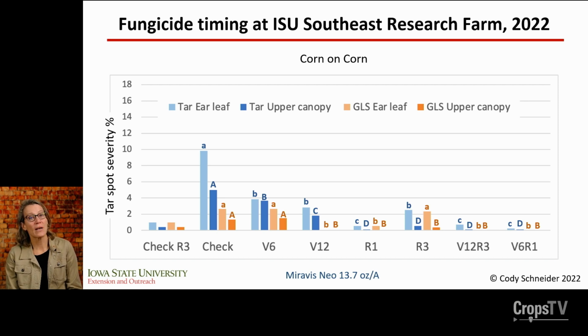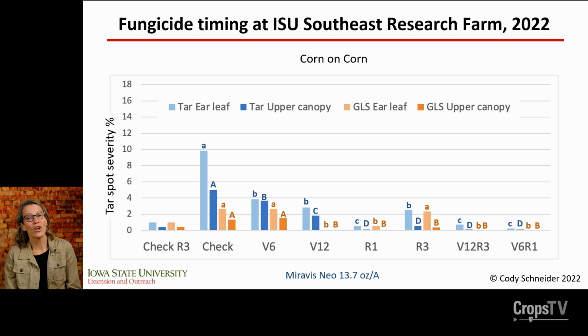And in the upper canopy is hovering at around about 5% for tar spot. With the gray leaf spot, we're looking at about 2.5% on that ear leaf, and then in the upper canopy, about 1.5%.